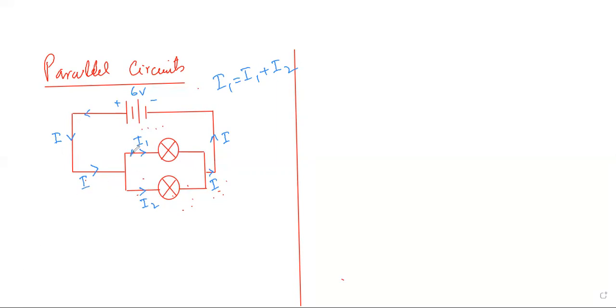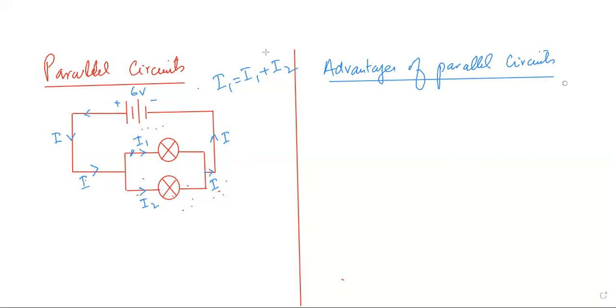What if this path is broken? Nothing is going to happen to this bulb. This will keep working because the path is complete, right or not? Yes. So these are the advantages of using a parallel circuit. The first advantage is every component gets maximum voltage.